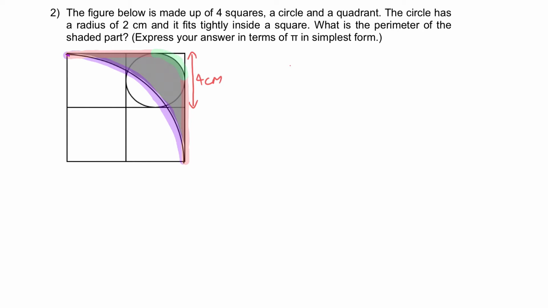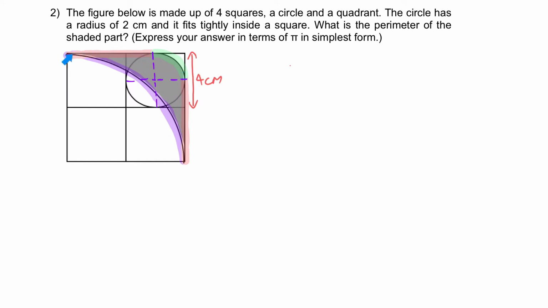To make it clearer, probably I can do this. Now, is it easier to see? This is simply the quadrant of the small circle.